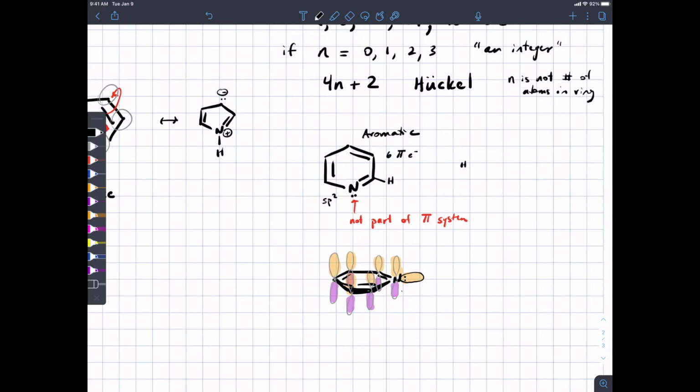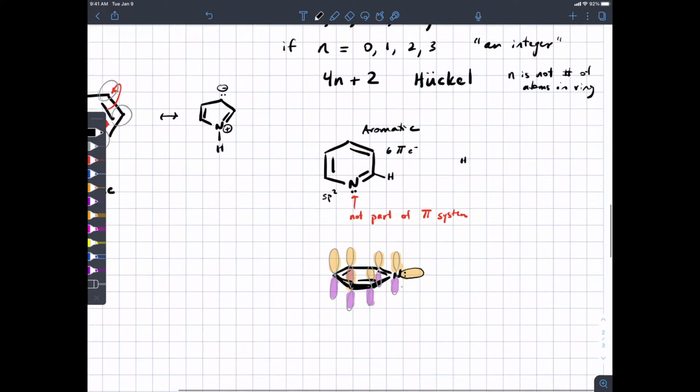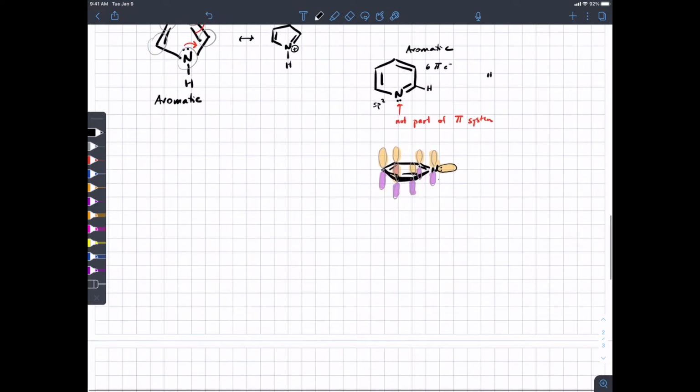Okay. Yes? Can you give us an example of a cyclic structure that's not planar that would be aromatic? Can I give you an example of a cyclic structure that's not planar, that's not aromatic? Yes. I can give you lots. So let's... That is not aromatic, because it is cyclic, but it's not planar.